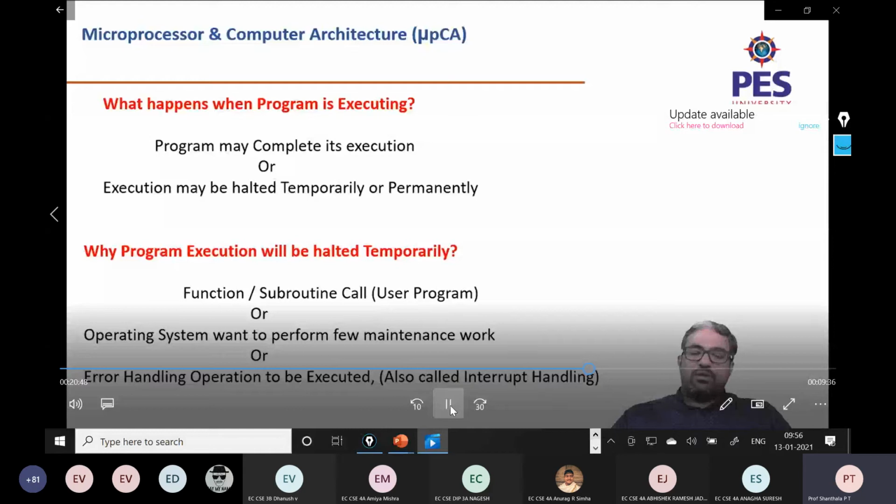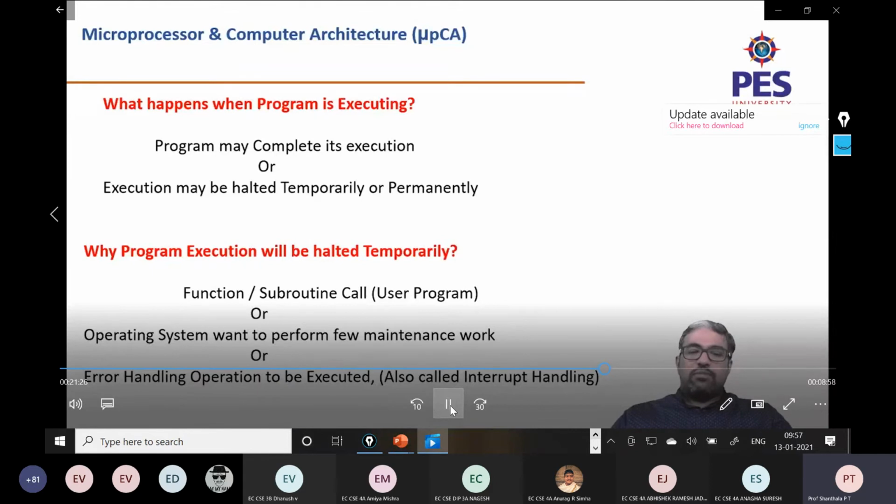There can be an interrupt. Interrupts are nothing but signals which can be generated by the hardware or by the software in order to tell that there is some urgent work that needs to be executed. Maybe the error handling itself, or cleaning up the memory, or some unexpected error has happened that needs to be rectified, which is more important than executing the user program.